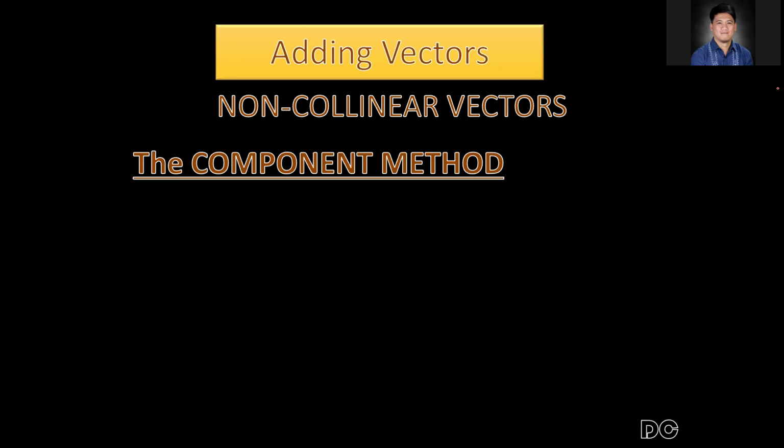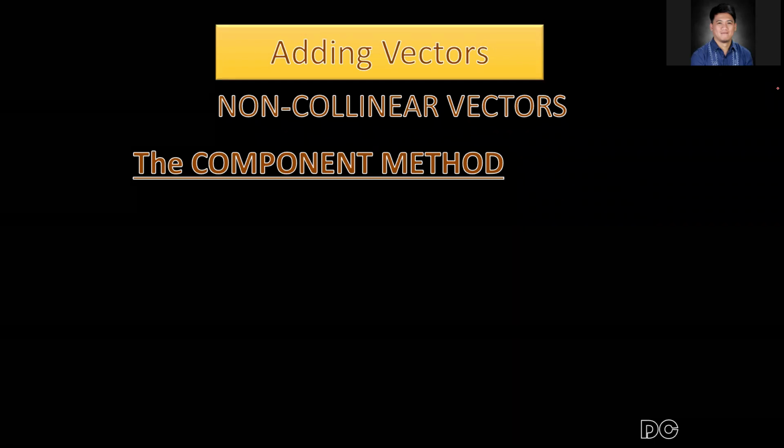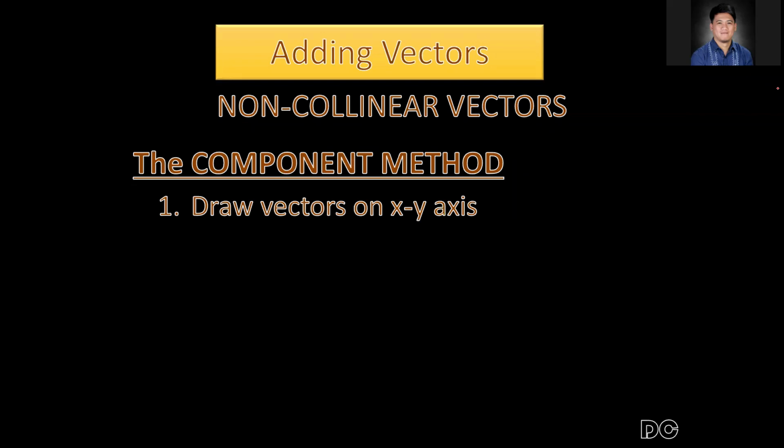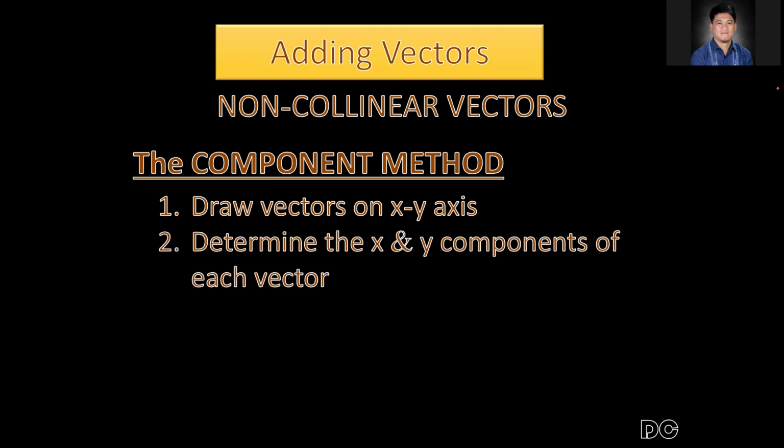After we use the component method, then later we can apply the Pythagorean theorem and the trigonometric functions, or the tangent function. So first is to draw vectors on the x and y axis, or on the Cartesian plane. Next is to determine the x and y components of each vector.